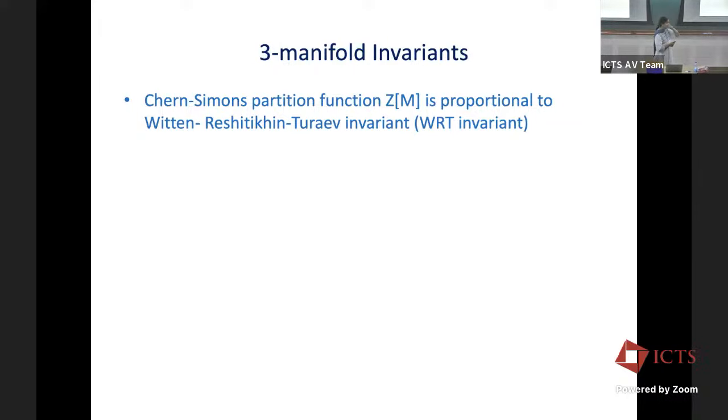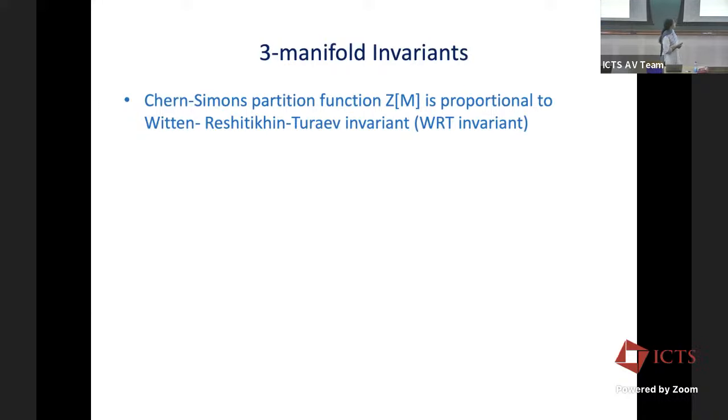To distinguish different three-manifolds, if you can find a way of working out the partition function for different three-manifolds, then that is a good three-manifold invariant, right? Mathematicians call these the Reshetikhin-Turaev or Witten-Reshetikhin-Turaev invariants. They are actually proportional to Z of M, up to a proportionality factor, but the main thing is the Chern-Simons partition function.